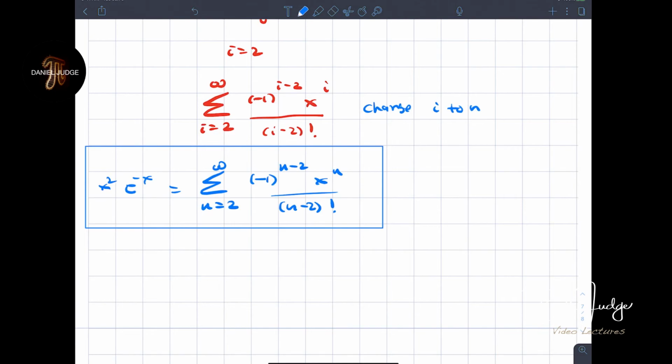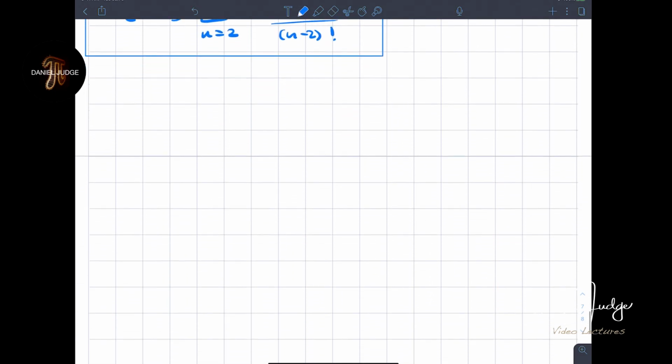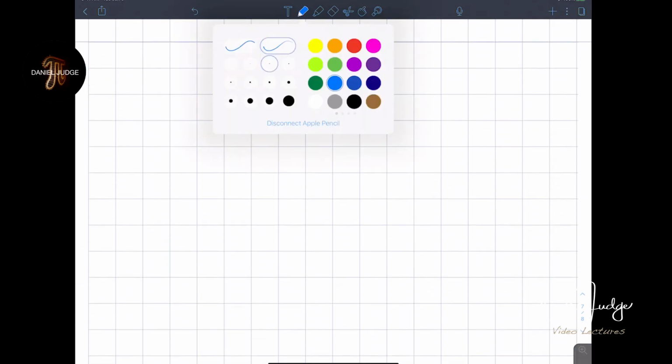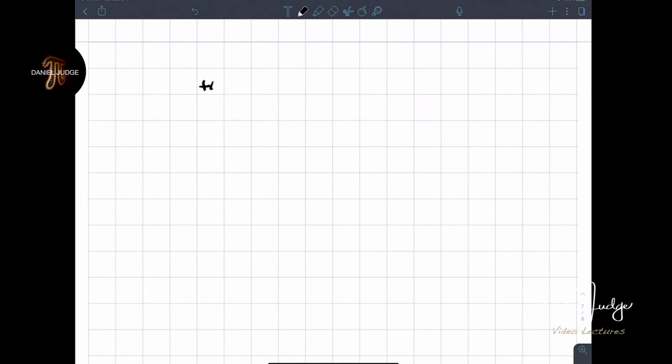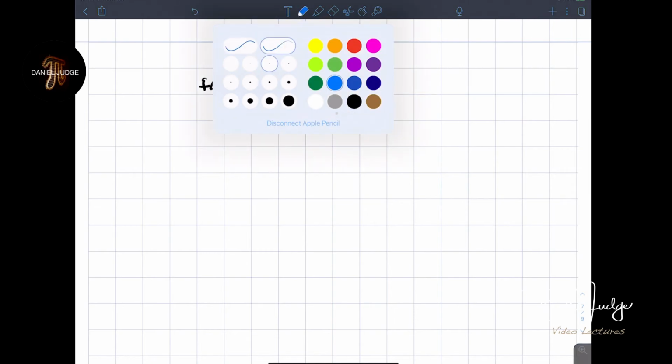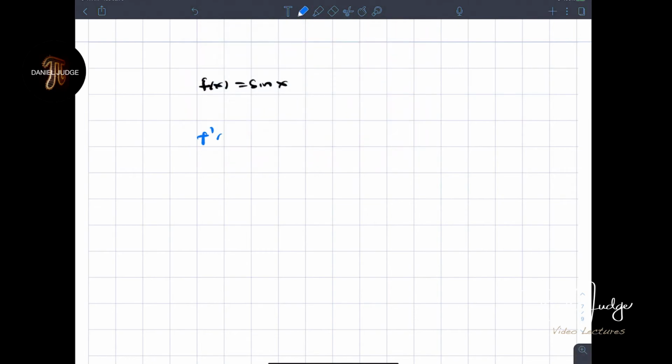And then, your book does have a demonstration. If they give you the function sine, we know we just simply need to start taking derivatives and evaluating at 0. So f prime of x, the derivative of sine is cosine. Second derivative of cosine is minus sine.